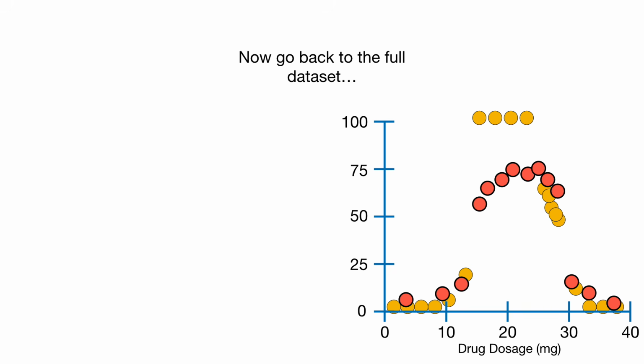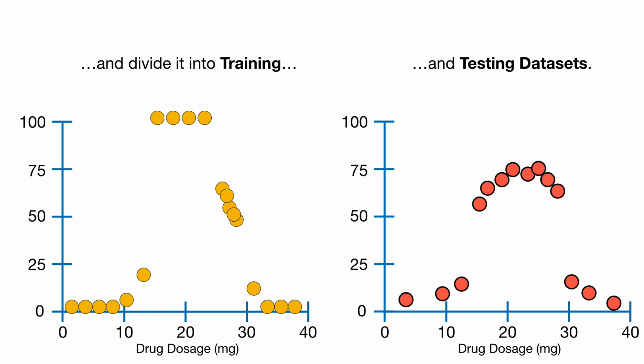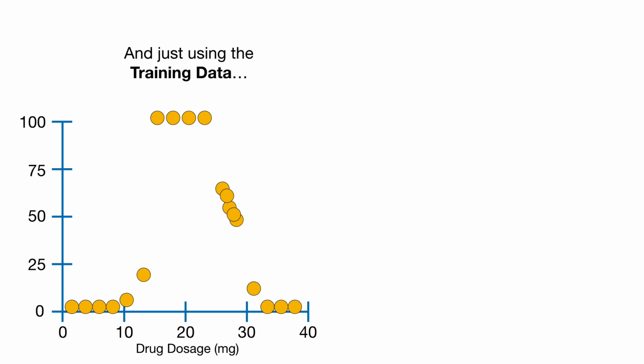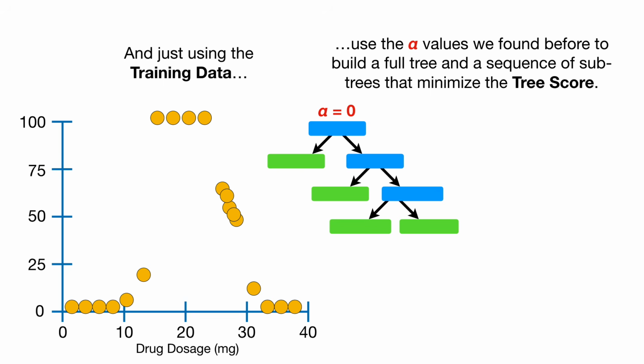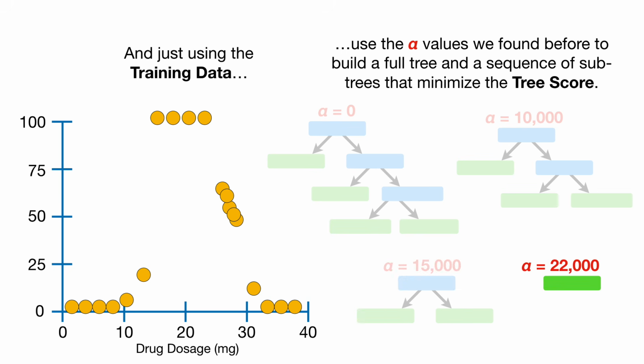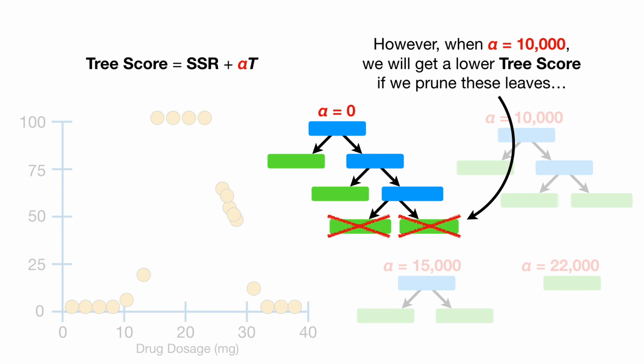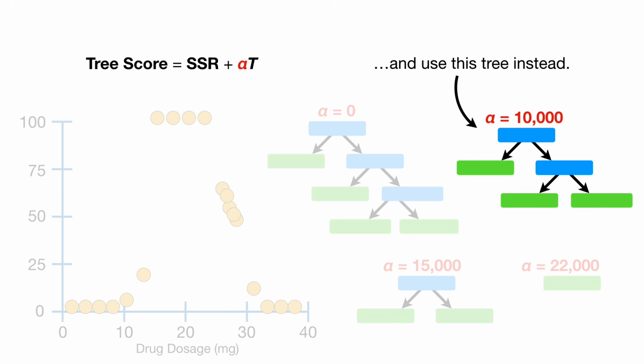Now go back to the full dataset and divide it into training and testing datasets. And just using the training data, use the alpha values we found before to build a full tree and a sequence of subtrees that minimize the tree score. In other words, when alpha equals 0, we build a full-size tree since it will have the lowest tree score. However, when alpha equals 10,000, we will get a lower tree score if we prune these leaves and use this tree instead.